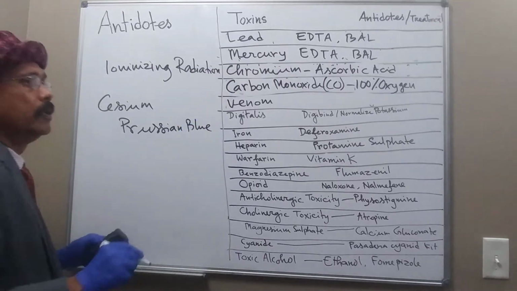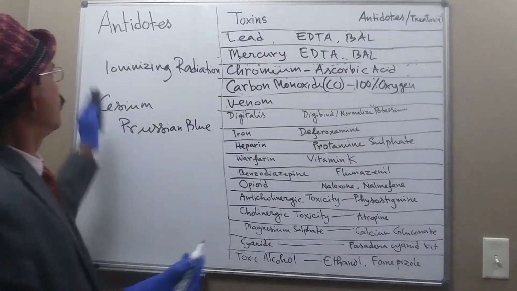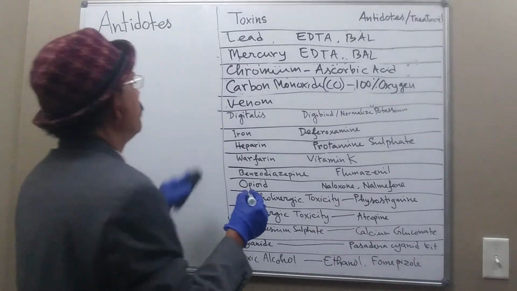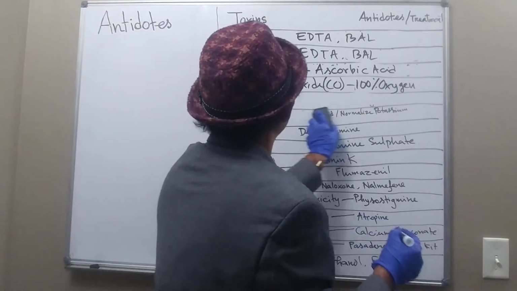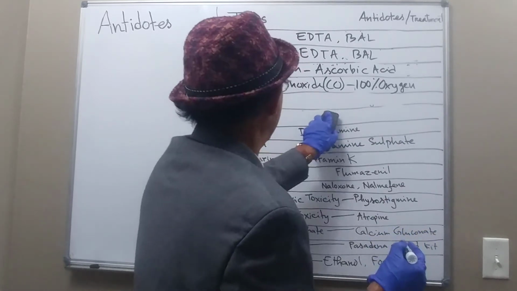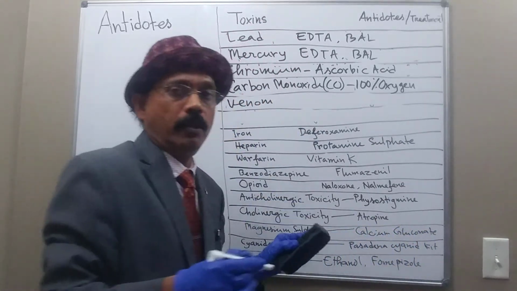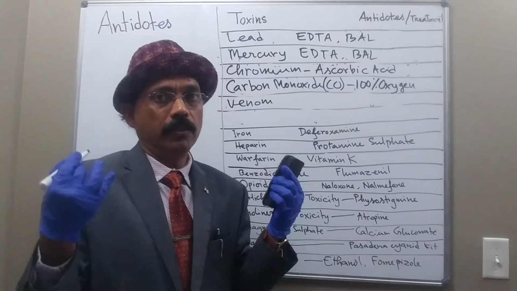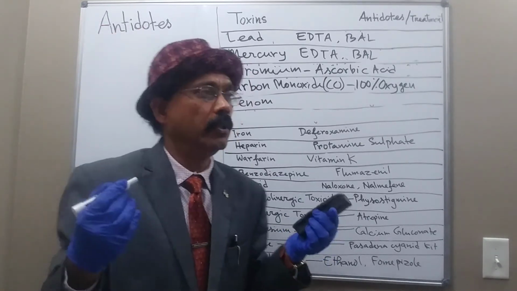We may add a few more, like thallium, that is used for semiconductors or jewelry, or for some types of optical items.